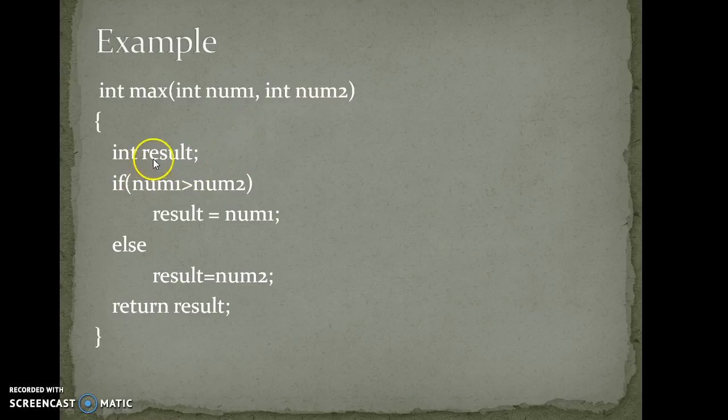Here we declared one local variable result and we are computing the maximum value of these two variables num1 and num2. Here we see the statement called return. This statement returns the result value. That means this function returns result to the calling function.